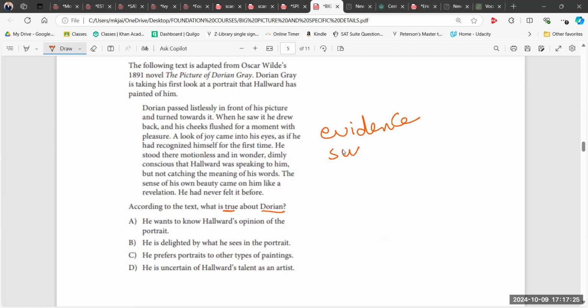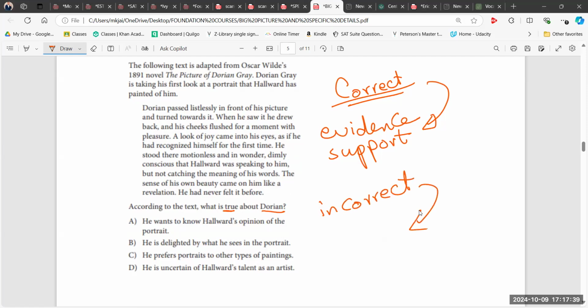Make sure that you can support your answer, that's for the correct choice. And for the incorrect ones, we can refute them, we can prove they are incorrect. Focus on keywords. Yalla, waiting for your answer.